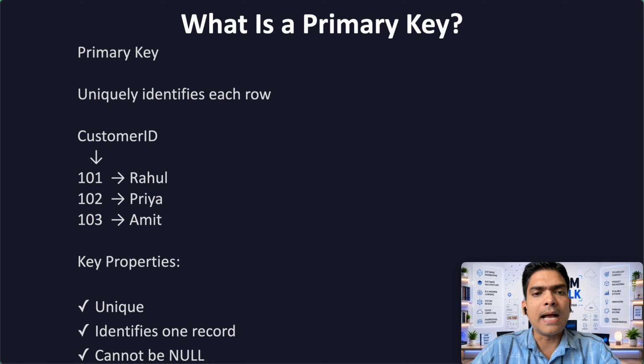Each customer has a unique ID. A primary key must uniquely identify a record and it cannot be a null value. This gives us a reliable identifier for every row.